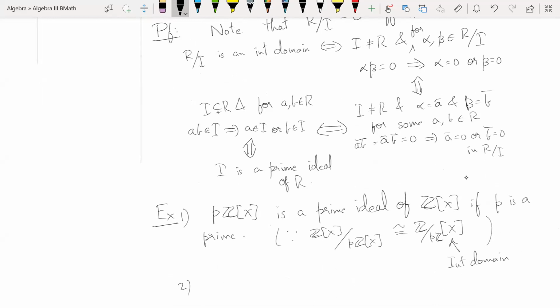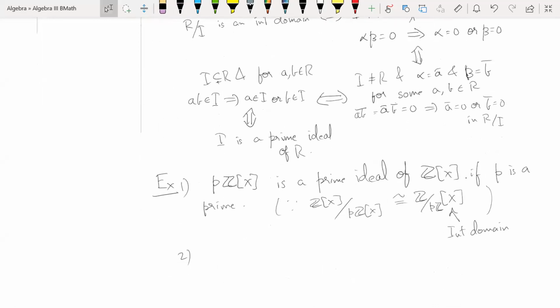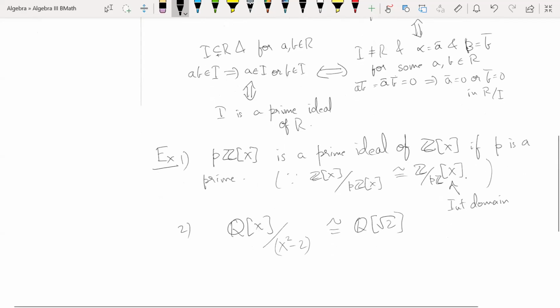Another example: Q[x] mod x squared minus 2. We saw this, using the remainder theorem, is isomorphic to Q[square root of 2], the smallest subring of R containing Q and square root 2.